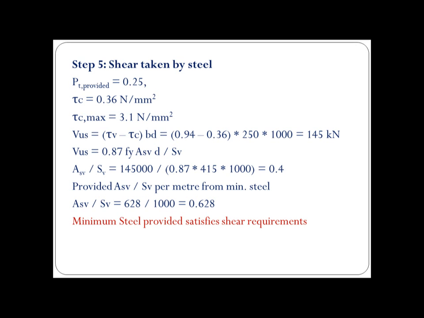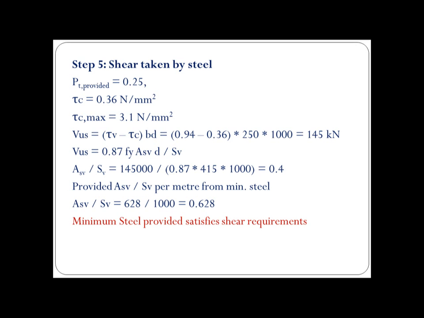So we calculate it from this equation, which is given from IS 456, 2000. Vus equals 0.87 fy Asv d upon Sv, where fy represents the grade of steel, Asv represents the area of steel in vertical, that is the shear reinforcement, and d represents the thickness of the wall here, and Sv represents the spacing. Vus is the unbalanced shear.